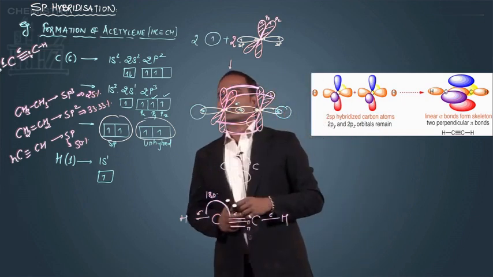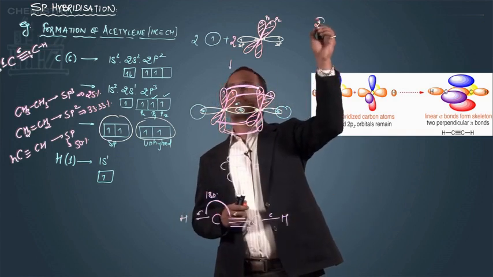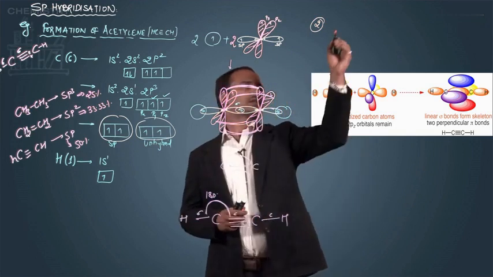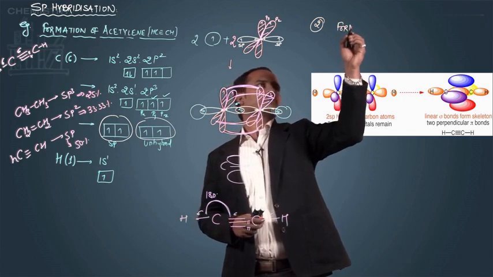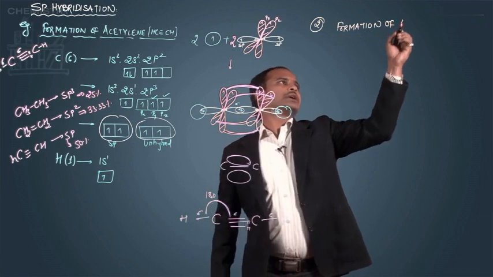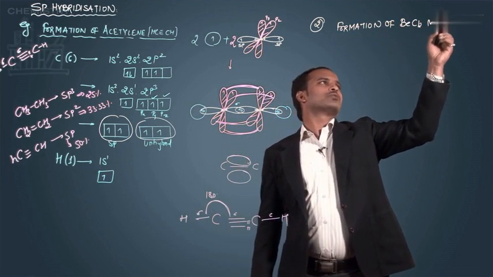Okay, now the next is the second example for sp hybridization, that is the formation of the BeCl2 molecule, or BeF2 molecule, I can say.